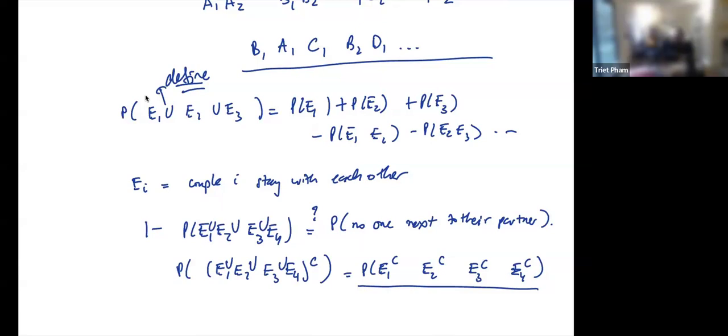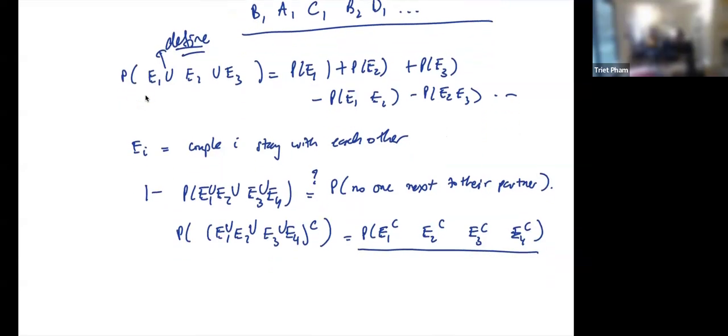So we want 1 minus P of E1 union E2 union E3 union E4. Which means we just have to calculate this and then do 1 minus it. So we will apply the inclusion exclusion formula for this one. Any questions so far?